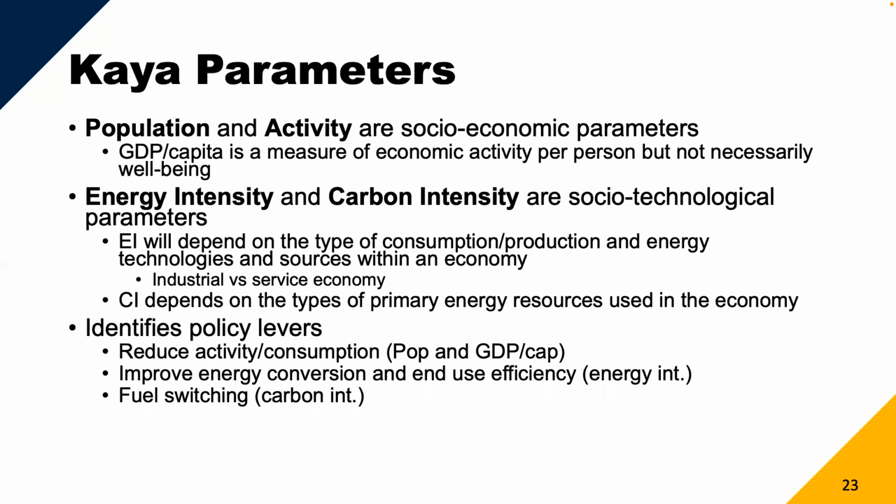So the Kaya parameters. Population and activity are your primary socioeconomic parameters. GDP per capita. This is what I was mentioning before about affluence. It's just a measure of the economic activity, but it doesn't necessarily correspond to the well-being of those individuals.